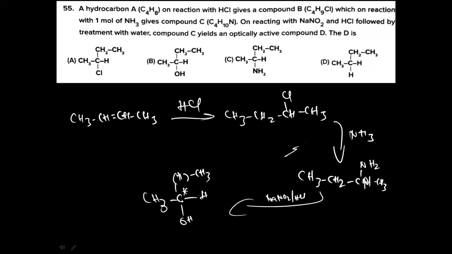The carbon we have represented with a star is the chiral carbon atom, which is attached to 4 different groups. So for 55 it's option B.